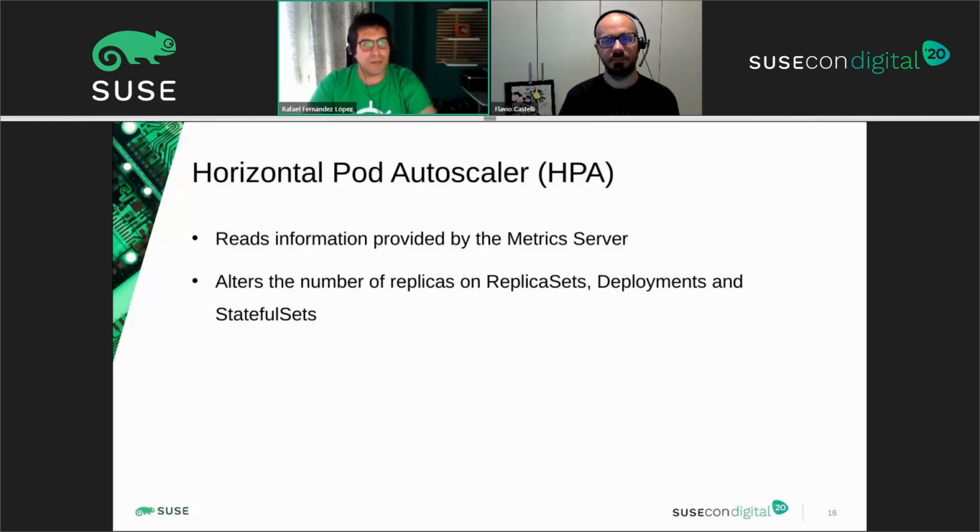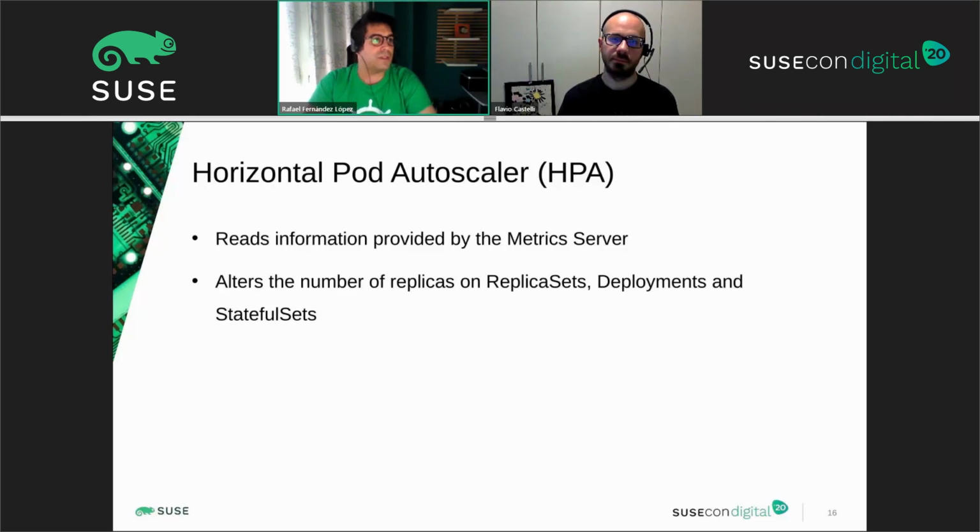It reads the metrics server information, which, as Flavio said before, is only meant to be consumed by this kind of component. The metrics server is not going to have time series like Prometheus, for example, something you can look into the very past with. It's only for knowing the latest status of your infrastructure.